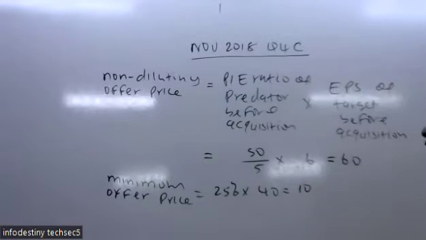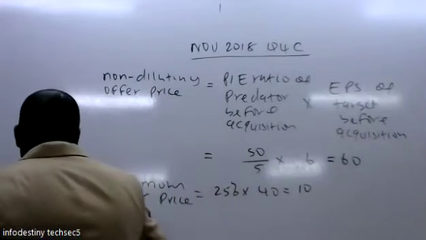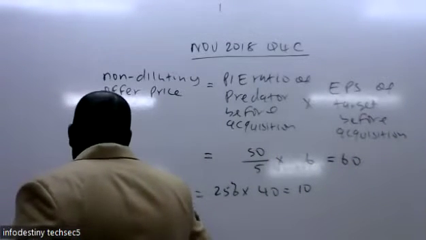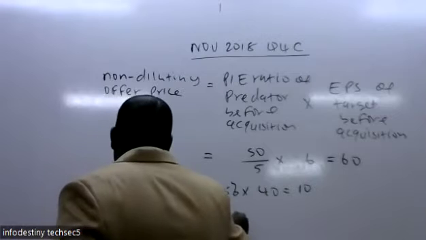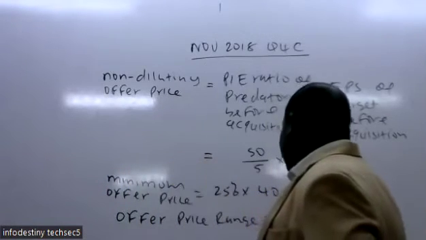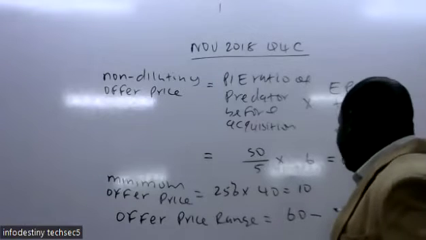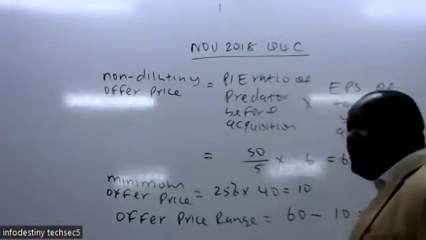So now we can come up with the offer price range. To get the offer price range, you simply take the non-diluting offer price, then subtract the minimum offer price.